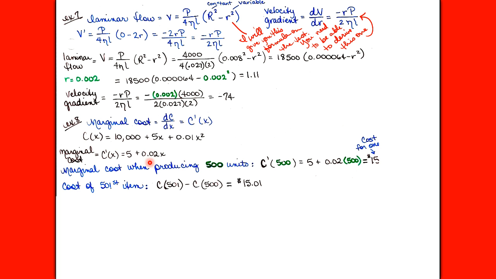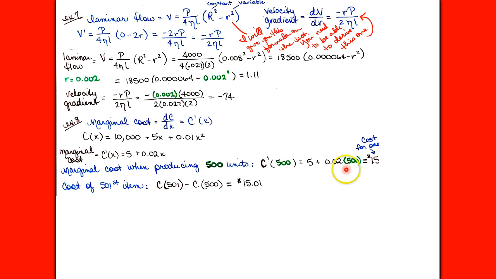Then they say, what's the marginal cost if I'm producing exactly 500 television sets? So we're saying, what's the rate of change of the cost with respect to the number of units that I'm producing if I'm producing 500 of them? So I could just plug 500 into that marginal cost formula that we just created.